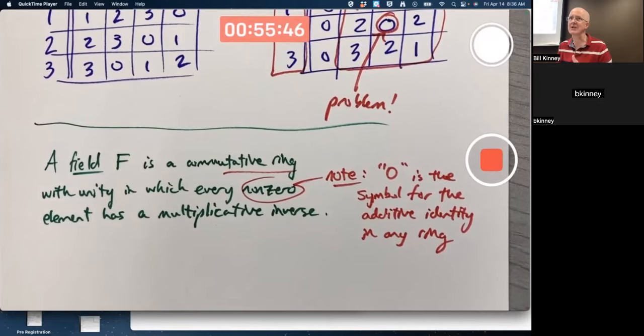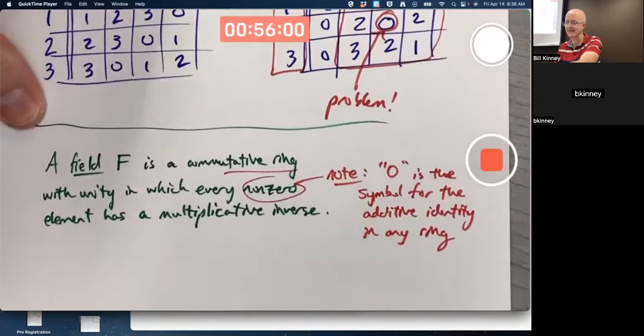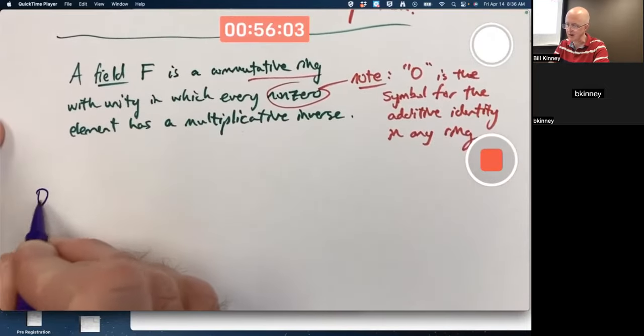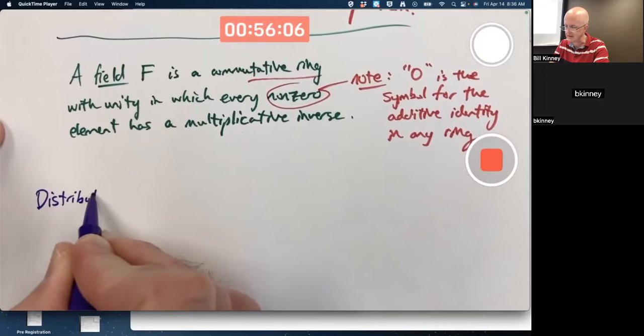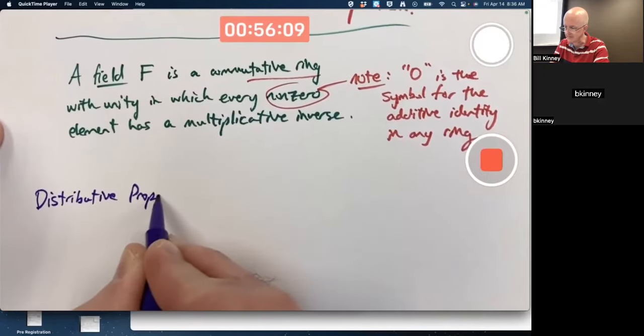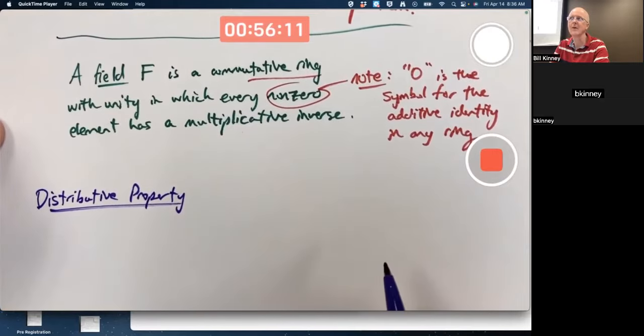Actually, there's one thing I didn't mention yet in the definition of a ring, and that's the distributive property. We've never mentioned the distributive property in this class before, have we? Well, first of all, because it's only relevant once you get to rings. And secondly, so far today, I've just focused on other things. Distributive property is a property that relates addition and multiplication.